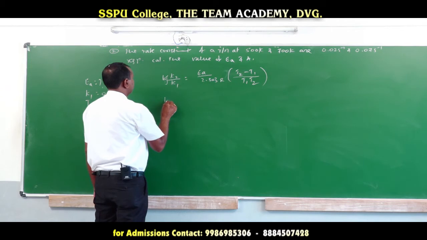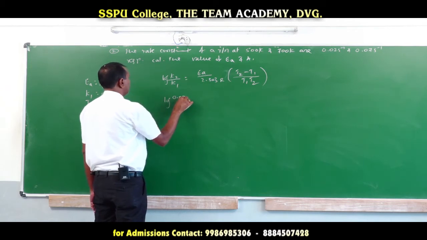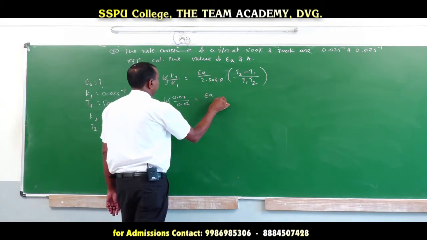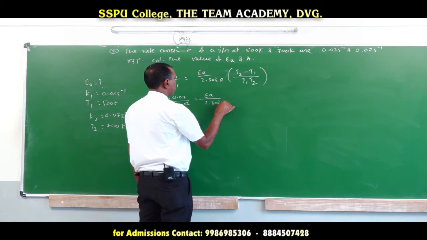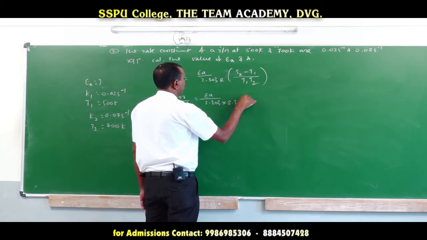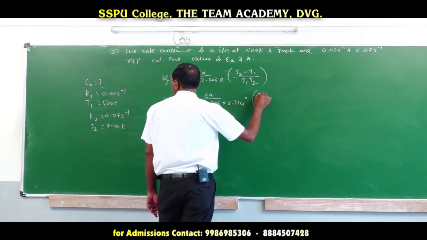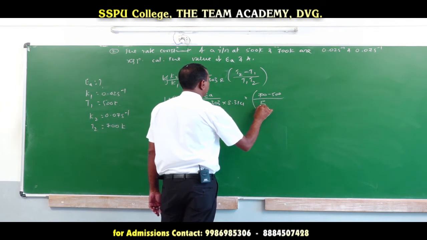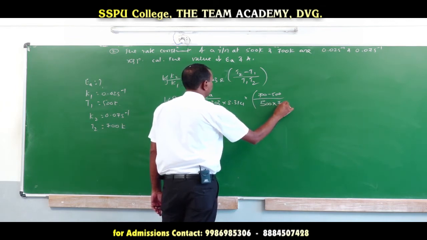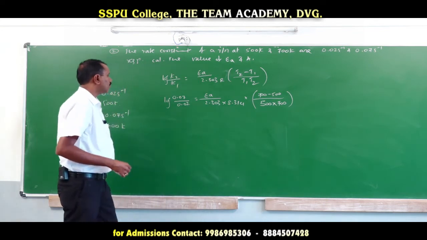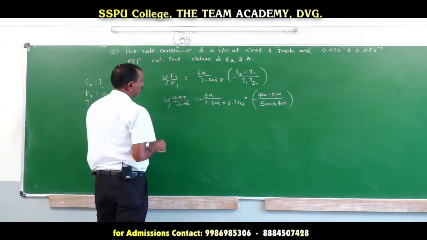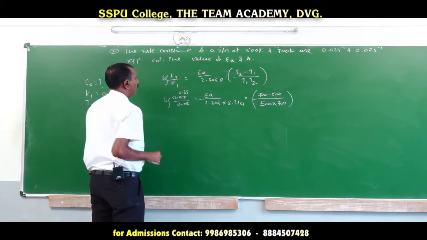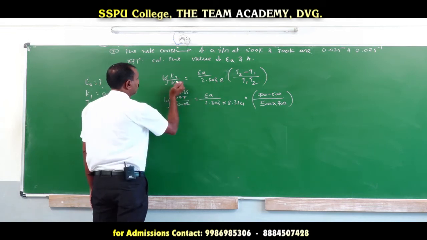So log of K2 value 0.07 by K1 value 0.02 equals E_A by 2.303 into R, the value of R is 8.314, into (700 minus 500) by (500 into 700). 0.07 divided by 0.02 is nothing but 3.5.